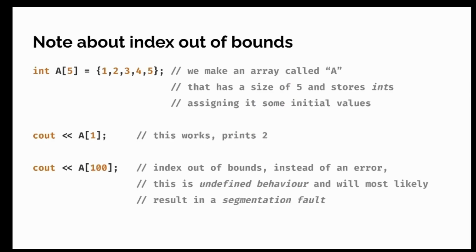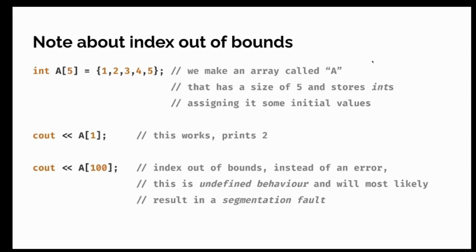Okay, so in this example, you have an array with space for 5 elements: 1, 2, 3, 4, 5. You can output the first index in the array. But if you output the 100th index of the array, it will actually be a segmentation fault. Because we said the array has only 5 slots, right? 1, 2, 3, 4, 5.